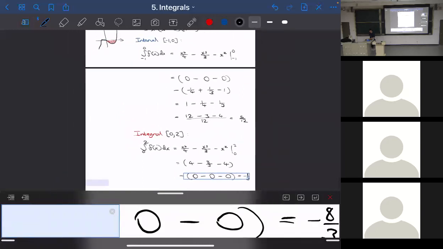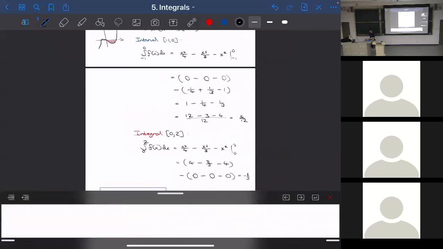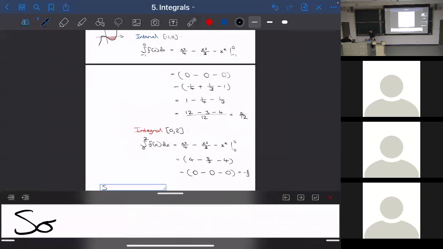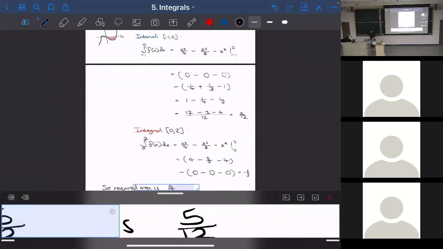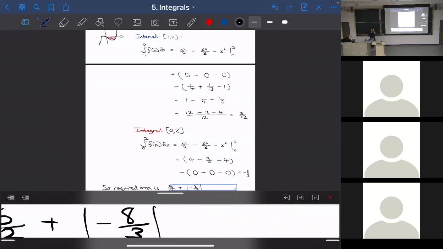And so now the required area is my 5 over 12 from the blue bit, and from the red bit, the absolute value of the integral, minus 8 over 3. So you can see that's giving the red area between the x-axis and the graph.